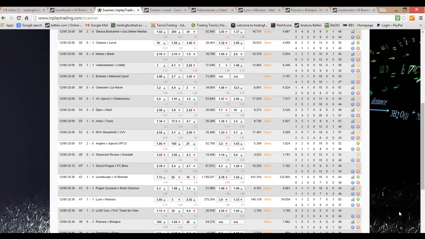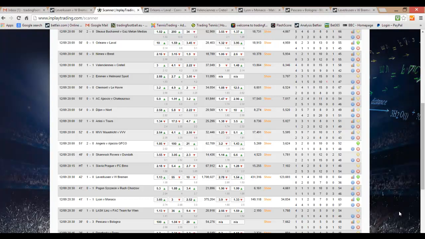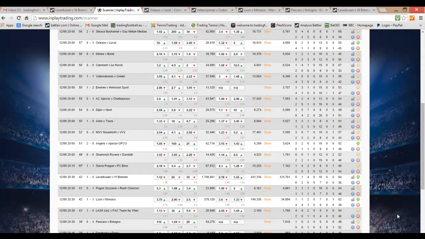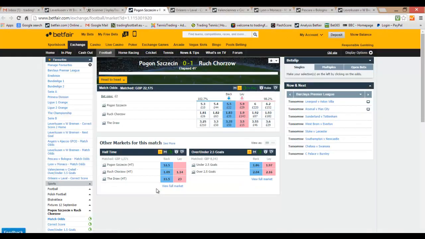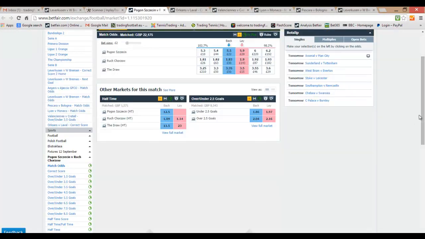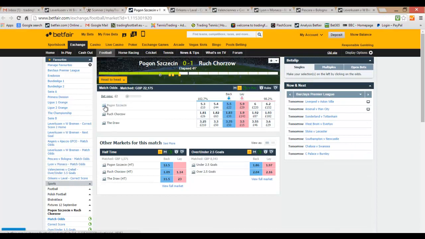So there you can see my highlighted games. I've got Orléans-Laval, Angers-Ajaccio, Leverkusen-Bremen, and Lyon-Monaco. And this Polish game, I'm having a look at, again the home side favourite, 4 shots to 1 on target, and they're losing 1-0 at home.